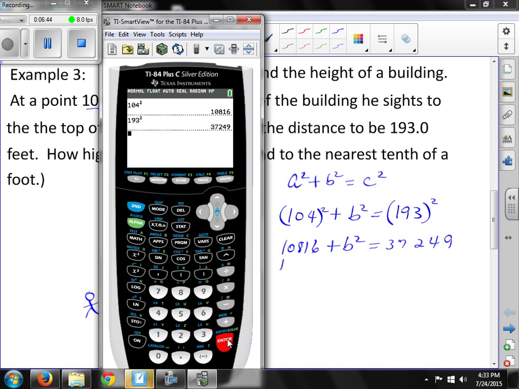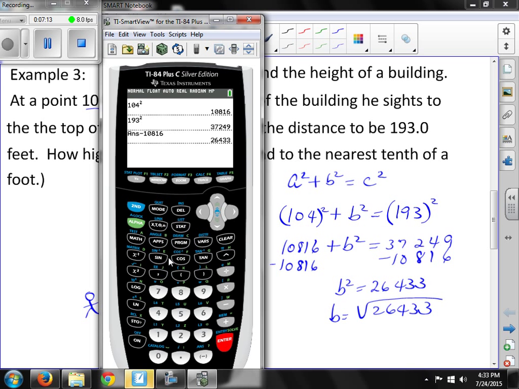And then I'm going to have to subtract the 10,816 from both sides, minus 10,816. And that gives us 26,433. So B squared is equal to 26,433. So B is equal to the square root of that.